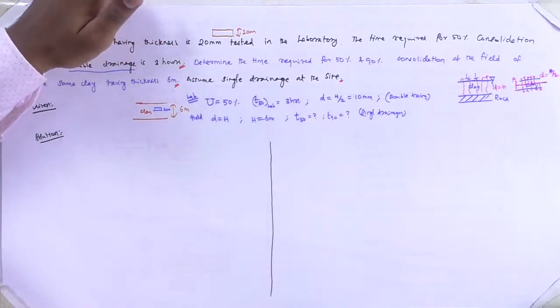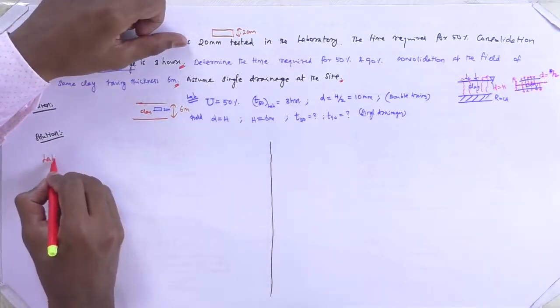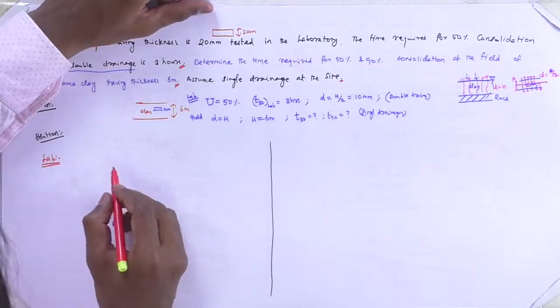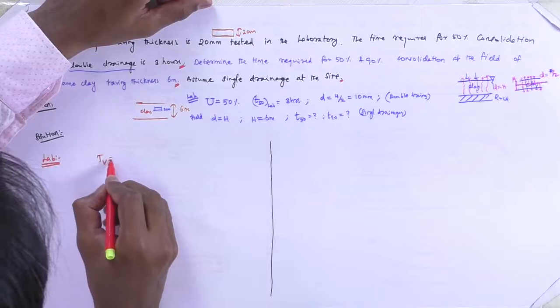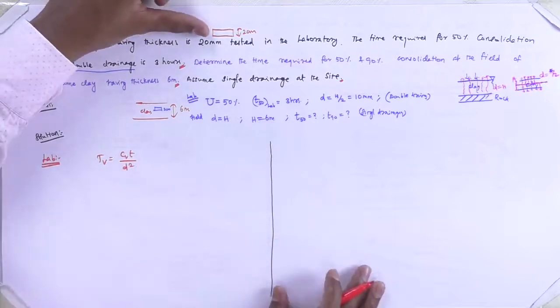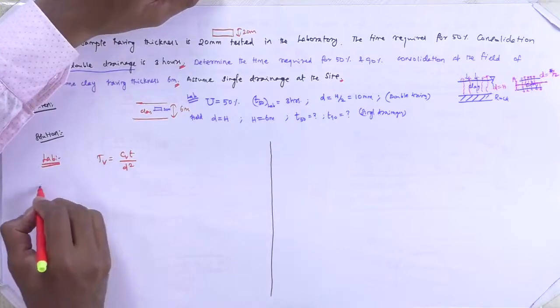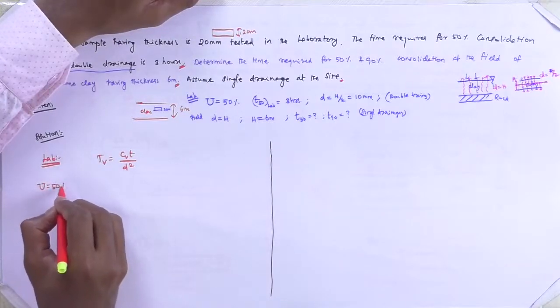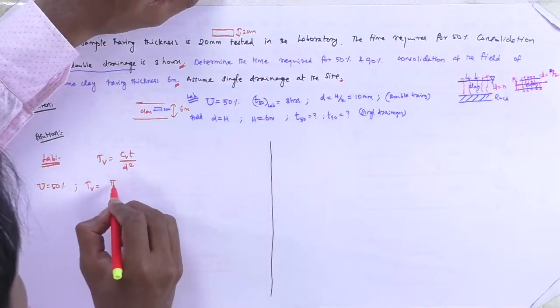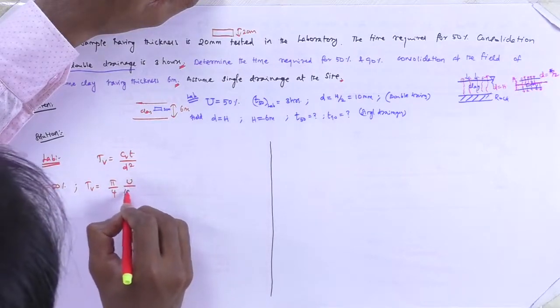Like in the lab, Terzaghi in his final solution gave that TV equals CV T divided by D square, and for 50% consolidation, TV is pi by 4 into U by 100 whole square.